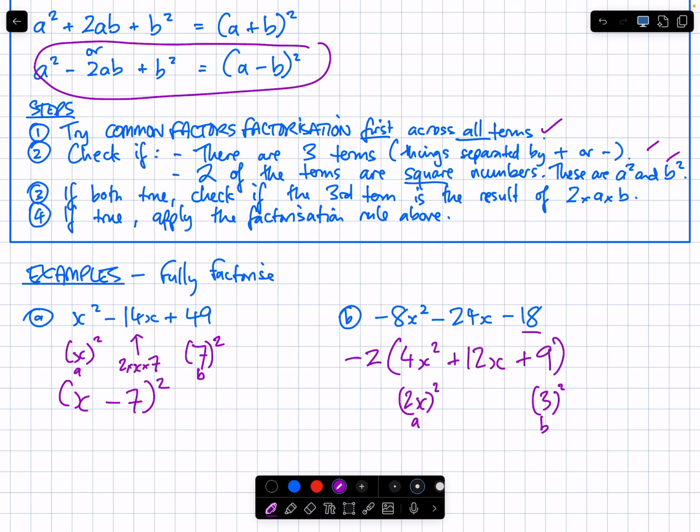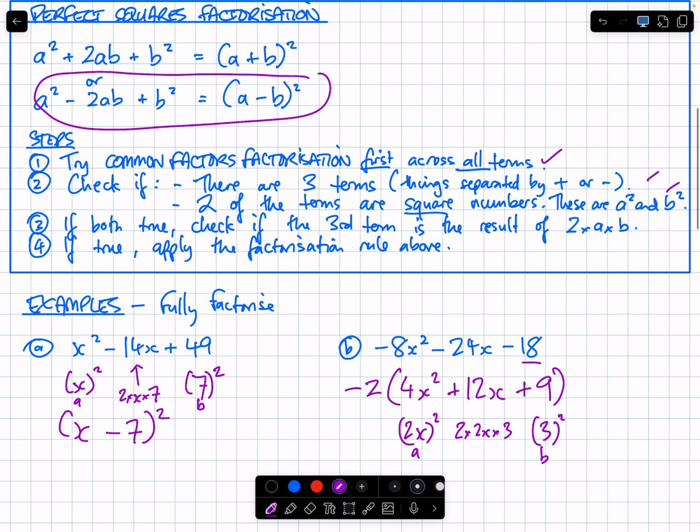And what's that little check? Check if the third term is a result of 2 times A times B. 2 times A, which was 2x, times B, which was 3. What's 2 times 2x? 4x. 4x times 3, 12x. It all fits. So now I can use this shortcut.